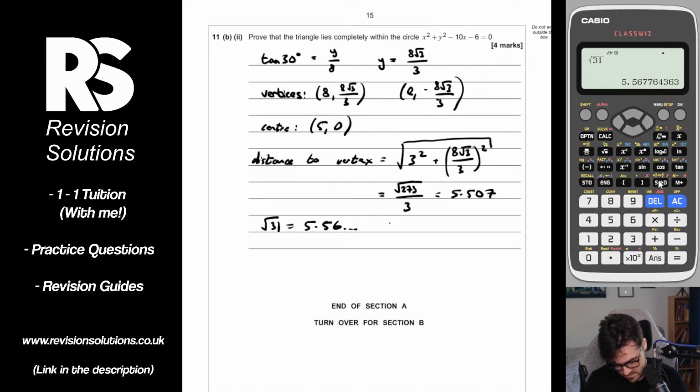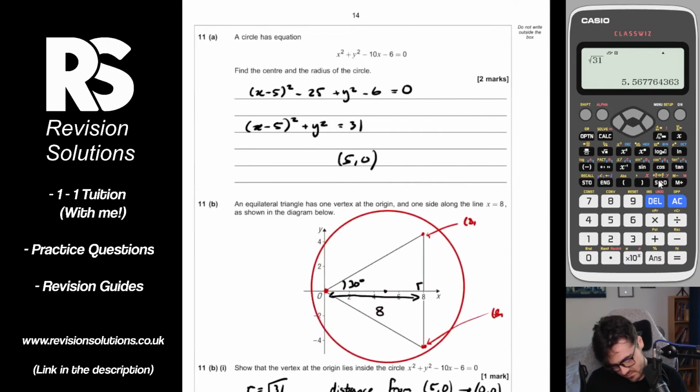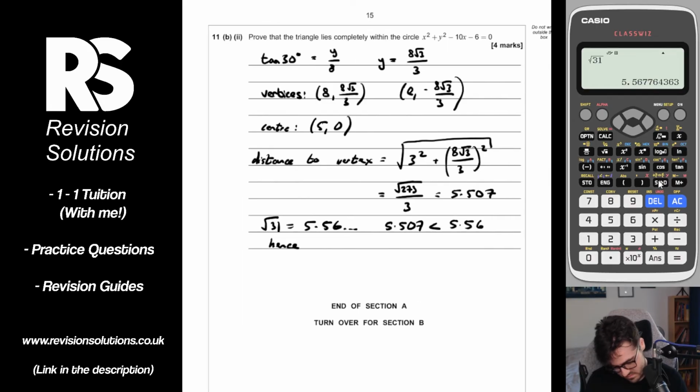So 5.507 is less than 5.56. Hence our vertex is inside the circle.